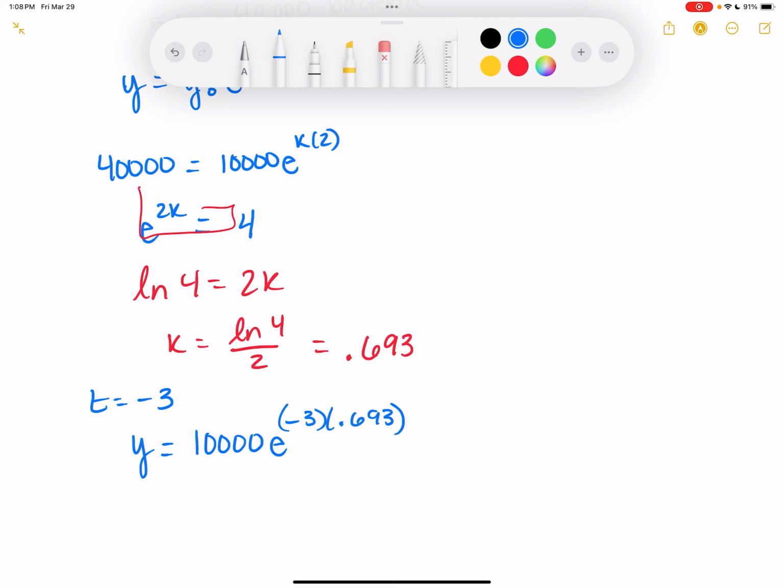But by plugging this in, we will get our initial amount of bacteria that we started with. 1,250, and that would be bacteria for the units on that.